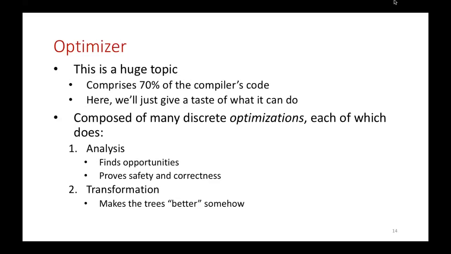So the analysis phase doesn't actually change any of the trees, because it can bail out at any moment. But once it's proven that there is an opportunity, that it's worthwhile doing this change, and that it can be done correctly, then it'll go and transform the trees. And hopefully we're better off from that. We may not necessarily be better off immediately, but what it might do is expose opportunities for further optimizations that are going to be coming up.